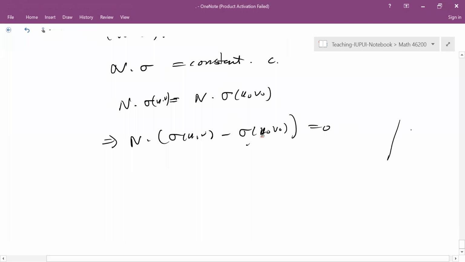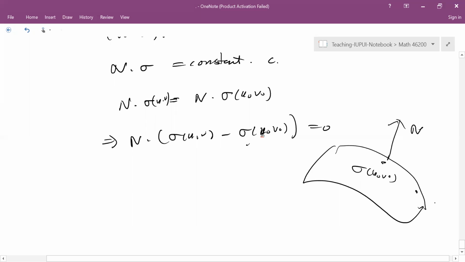So look at it. This is N, and this is supposed to be the surface. Here's a fixed point, and here's another arbitrary point, and this is perpendicular always. N is fixed, it's constant.